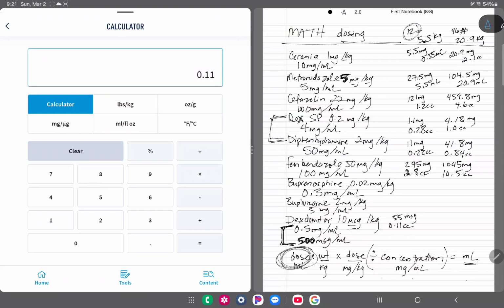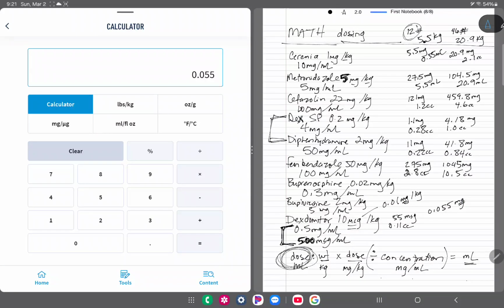Now, if we do it the other way, we're going to remember that we actually converted to 0.01 mig per kg. Okay, we can do that. So I'm going to take 5.5 times 0.01, and I'm going to get 0.055 milligram. Remember, whatever we convert to, we have to stick with the entire time.